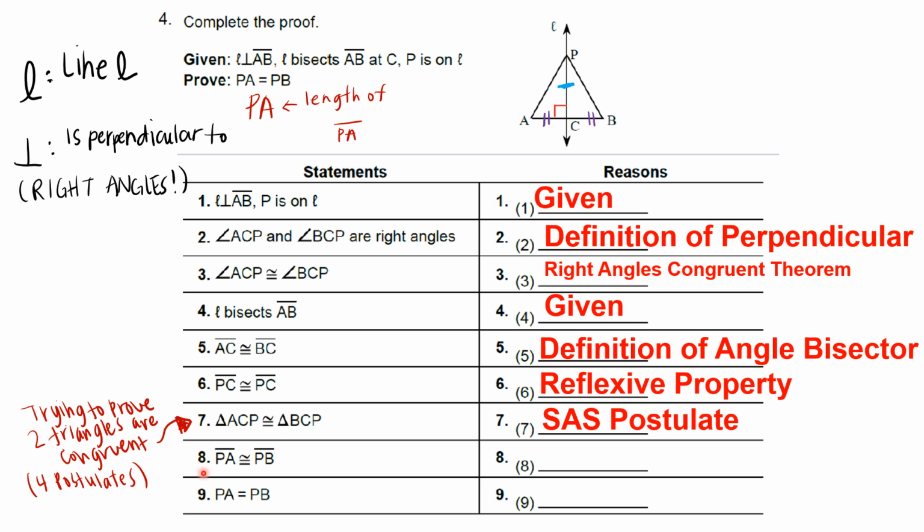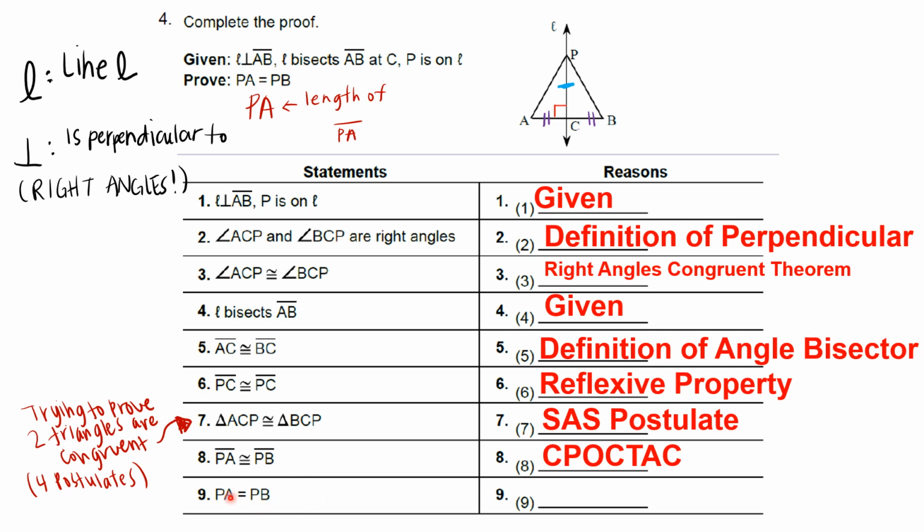Let's look at what we're supposed to be proving here and make sure those match up. It says line segment PA is congruent to line segment PB. There's PA, there's PB. They do match, right? If you were to fold this triangle in half, those sides would match up. So we are allowed to say that those two sides are congruent by CPCTC.